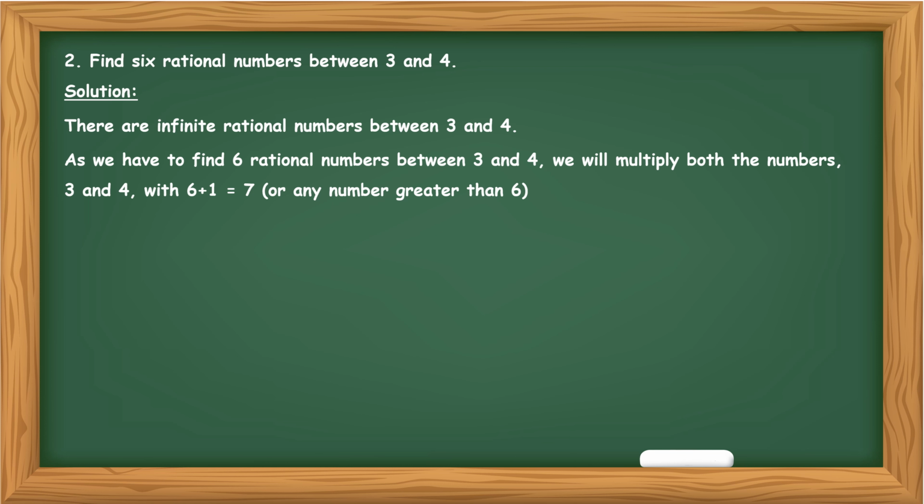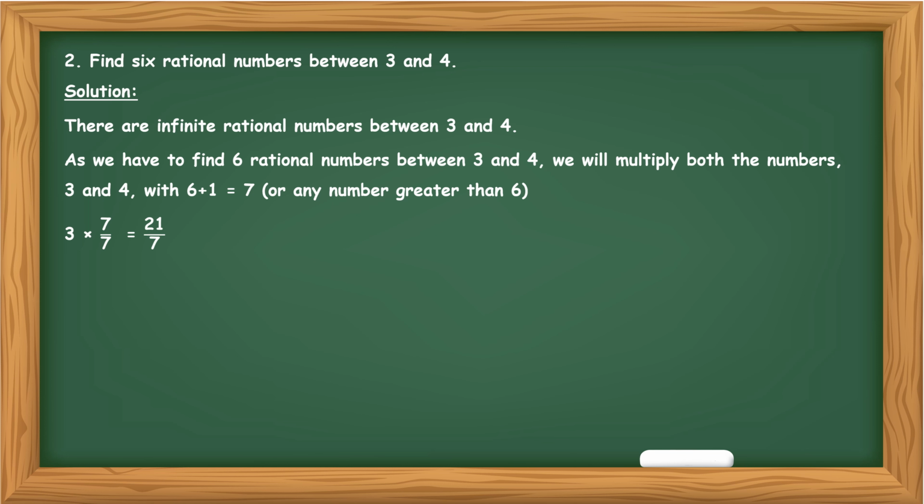So as we have to find 6 rational numbers between 3 and 4, we'll multiply both the numbers 3 and 4 by 7. Since they have asked us for 6 rational numbers, 6 plus 1 is 7, or you can take any number which is greater than 6.